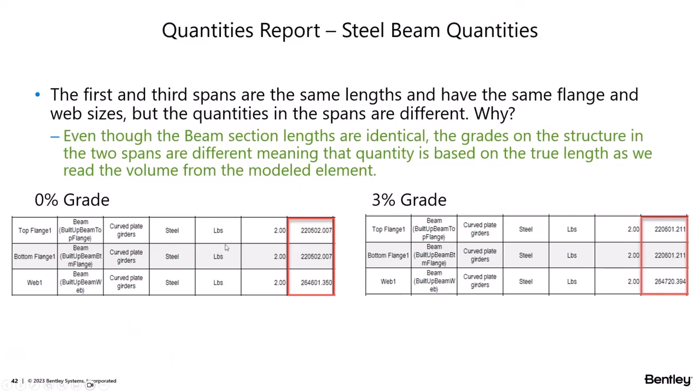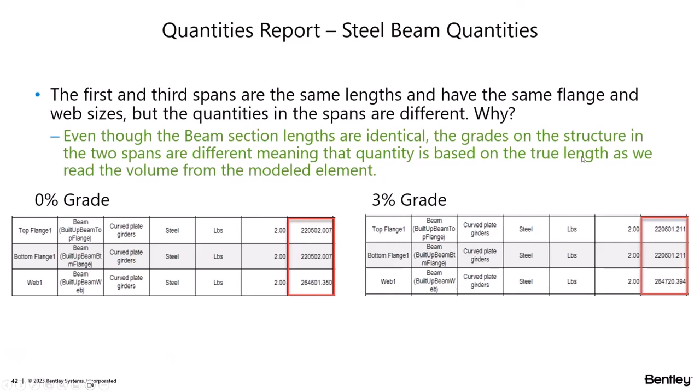So I just did a quick test on my own. I used the bridge wizard and modeled a simple bridge. When it does it initially, it's always at a 0% grade. So I ran the quantities report on it and got these three values. Then I changed the grade on the bridge to a 3% grade, and I got slightly larger values, as we come to expect.